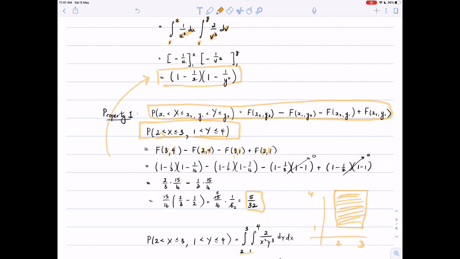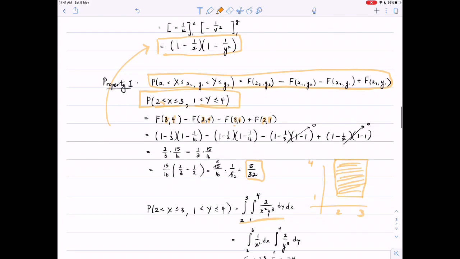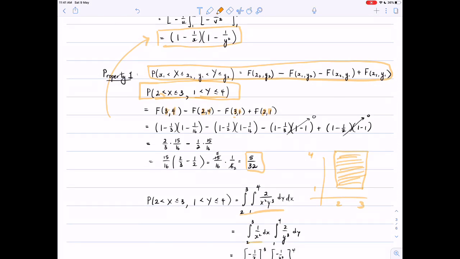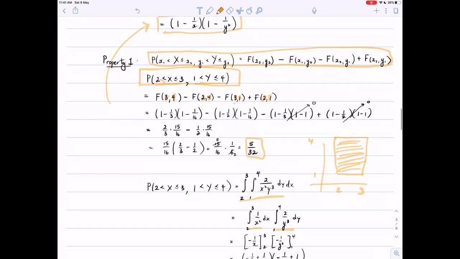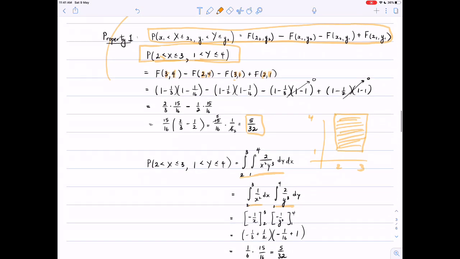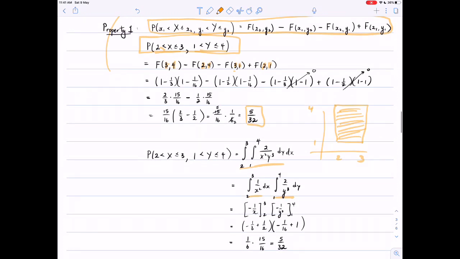We're on a rectangle and the function factors, so we can split up the integral as a product of integrals. You crunch through again, and you will find, lo and behold, that you do get the same answer. So property 1 is verified.